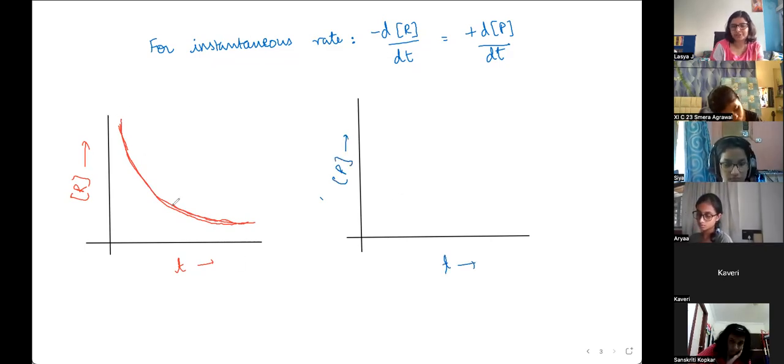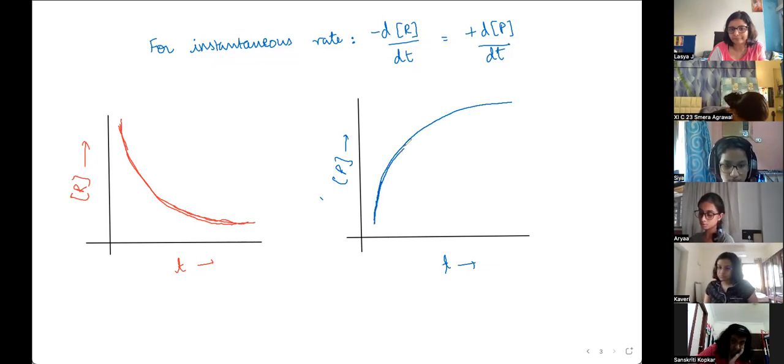If the reactant curve is exponential, the product curve will be logarithmic, so the product is going to be like this.